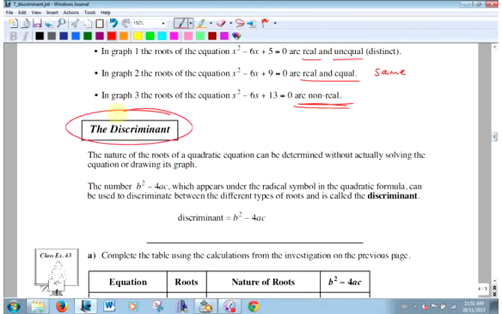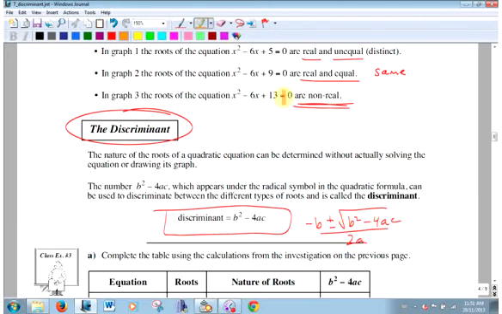All right, what's the discriminant? There it is. Have you seen this before? Does that look familiar? It should, because you've been working with it all yesterday. That's the stuff under the radical sign, right? Minus b plus or minus the square root of b squared minus 4ac all over 2a.